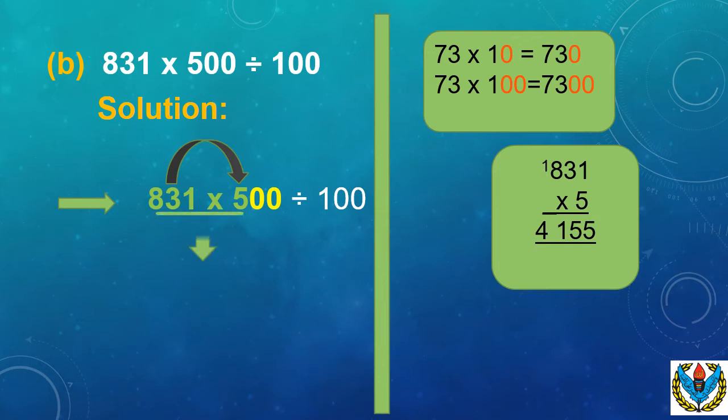So we will write the answer in the next step, and the 2 zeros of 500 will come as it is with it. So our final answer by multiplying 831 by 500 is 415,500, and divide by 100 will come with it as it is.